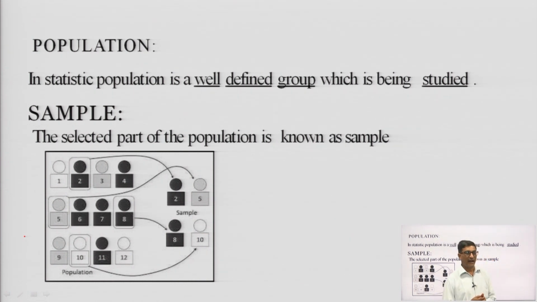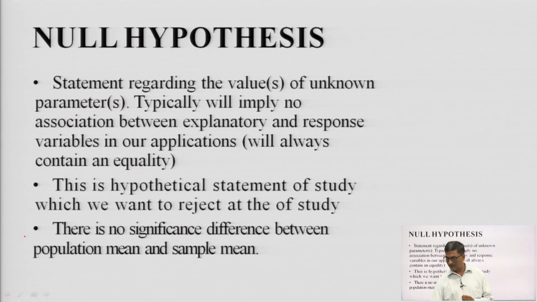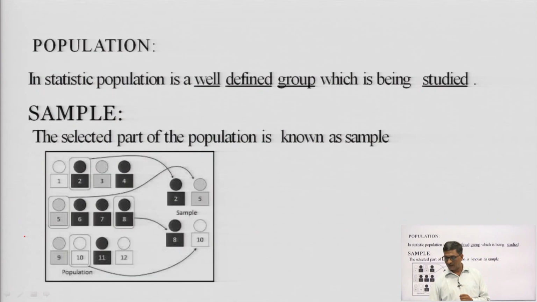If this is the population and we select 4 persons from this, then this is called sample and this is the population. Sample is a small part of population, okay?